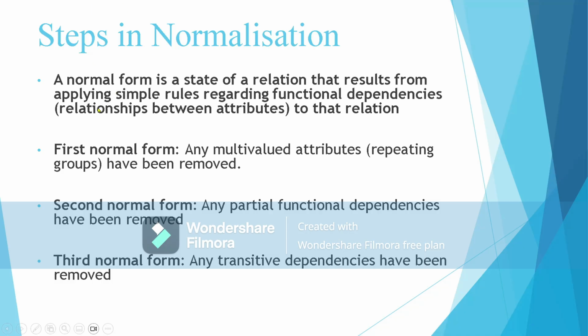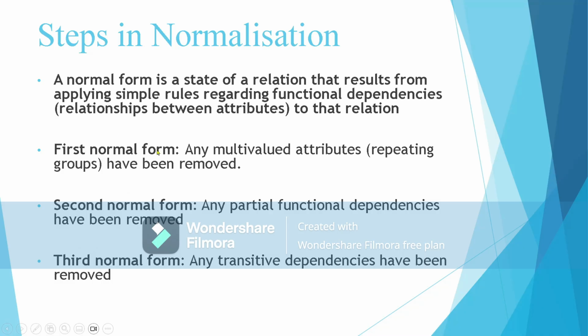Now we'll see the steps in normalization. So a normal form is a state of relation that results from applying simple rules regarding functional dependencies to that relation. In the normalization, there are three steps: first normal form, second normal form, third normal form.